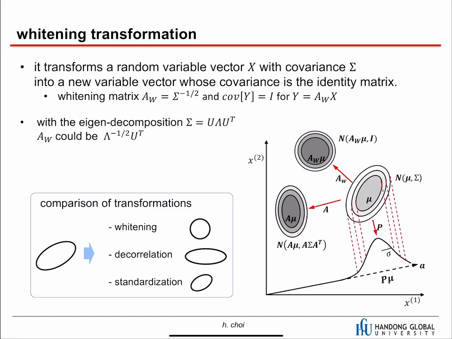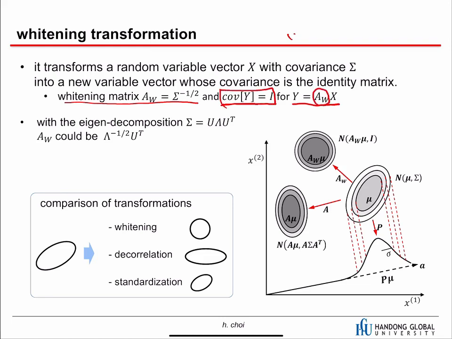And the next one is whitening transformations. It transforms a random variable vector x with a covariance sigma into a new variable vector whose covariance is the identity matrix. So let's say the whitening matrix is something like this. Then the covariance of y, where y is A sub w times x, is the identity.